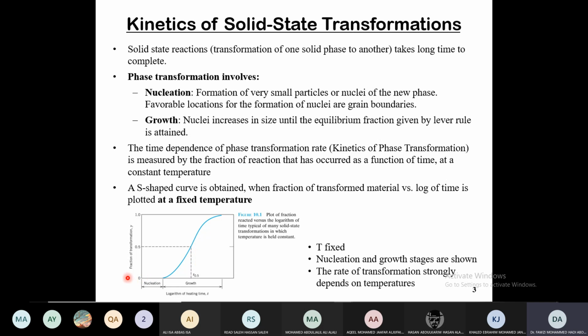Because we need to heat treat, for example, and then see how much time it takes for the nucleation to happen. Well, this is trial and error. You have to try once, another time, a third time, until you see the nucleation has started for any microstructure.